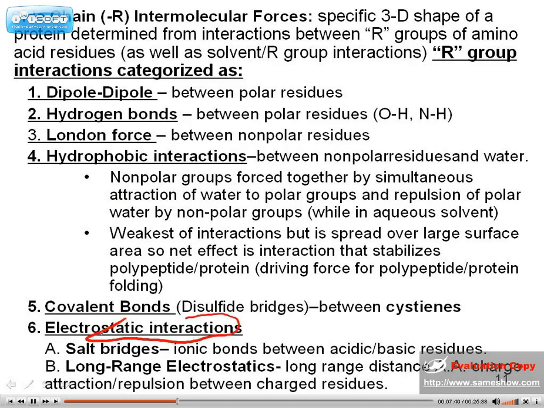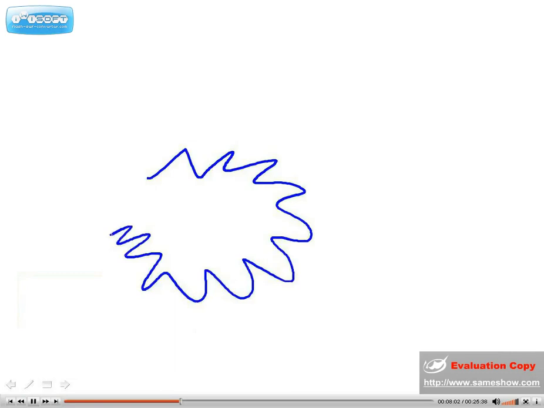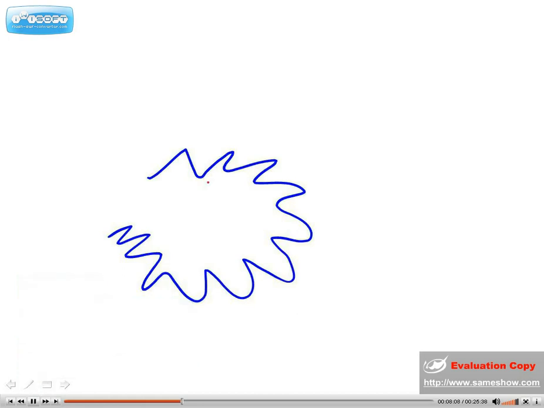Here is another brand new one. Well, not that new. So I'm going to go ahead and create a backbone of our polypeptide, and then I'm going to highlight key amino acids.